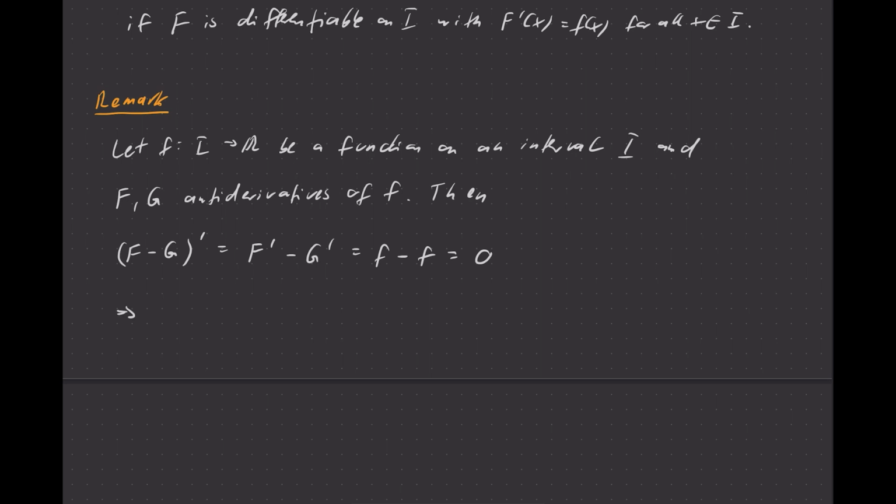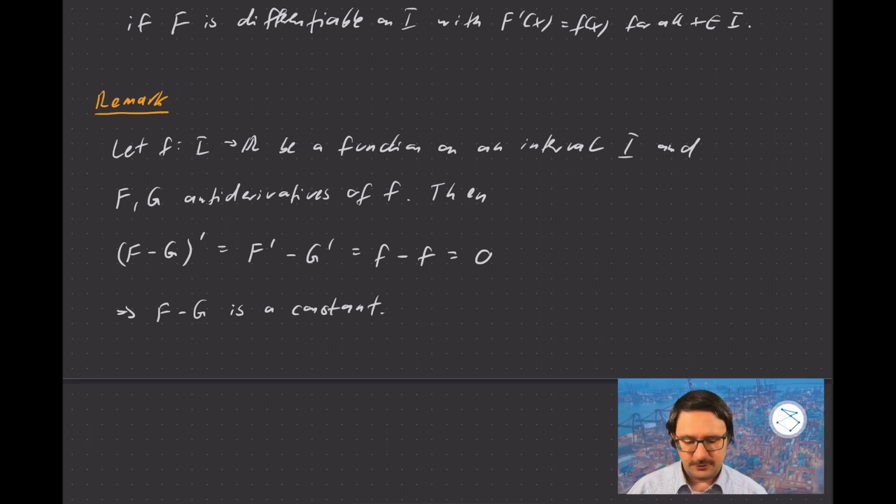And that means F minus G itself is a constant. So two antiderivatives of the same function can only differ by a constant. And on the other hand, if you have one antiderivative of a function and add any constant to that, then of course you get another antiderivative. So the set of all antiderivatives is: take one and add all possible constants to that function.